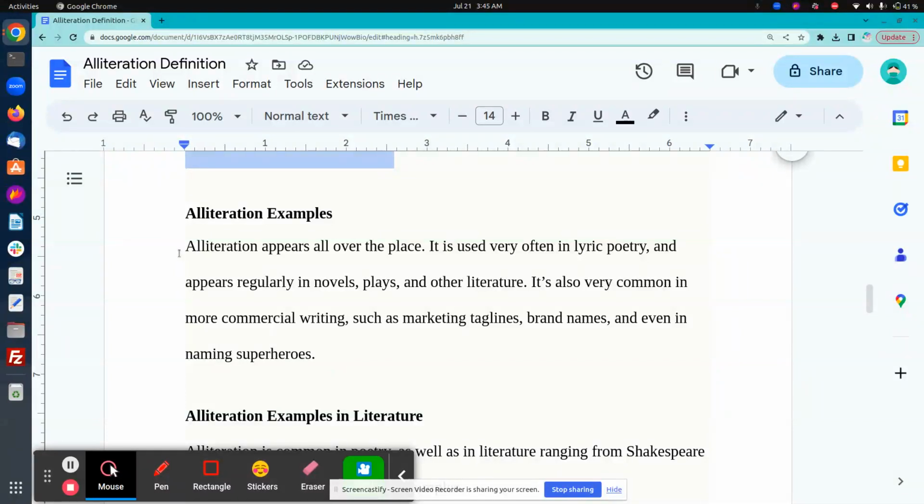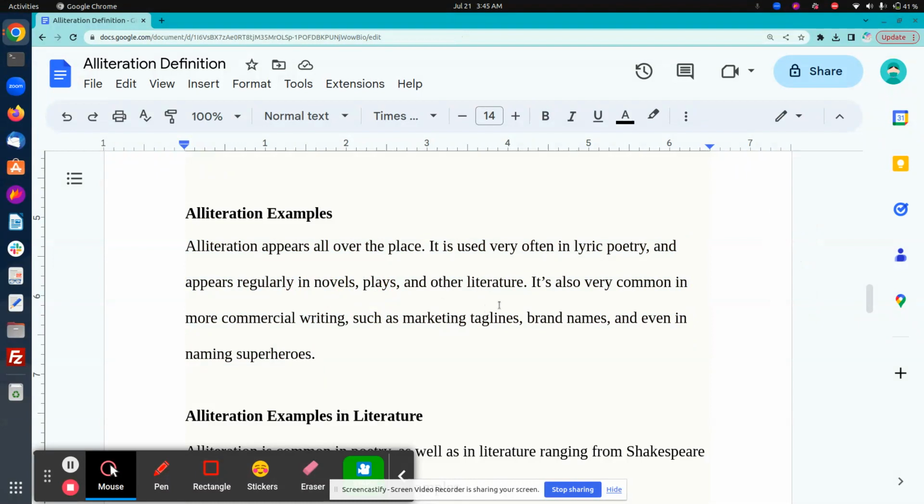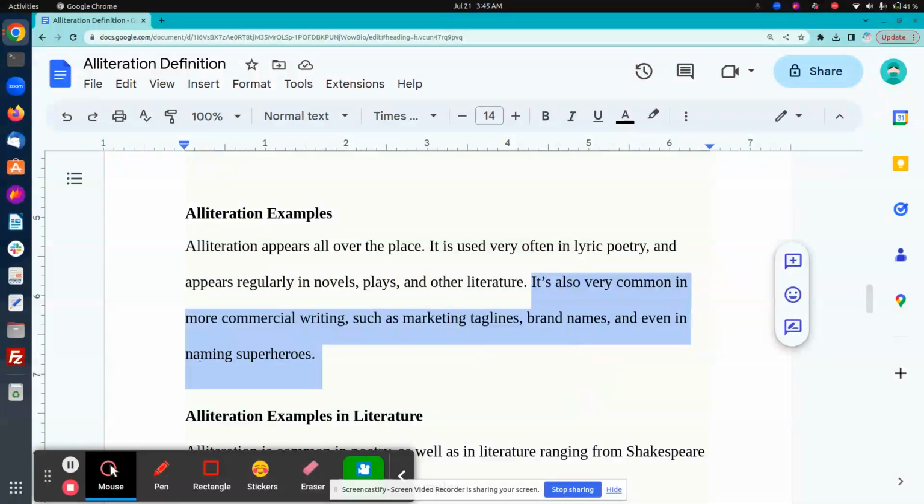Now, alliteration examples. Alliteration appears all over the place. It is used often in lyric poetry and appears regularly in novels, plays, and other literary texts. It is also very common in more commercial writing, such as marketing taglines, brand names, and even in the naming of superheroes.